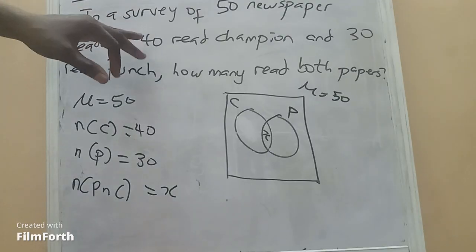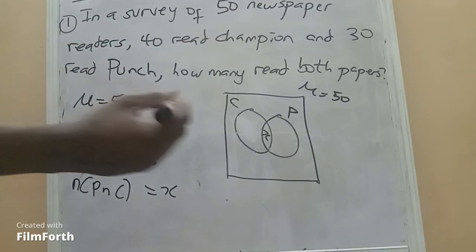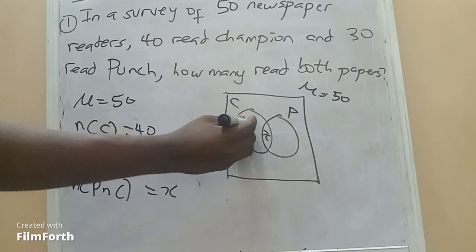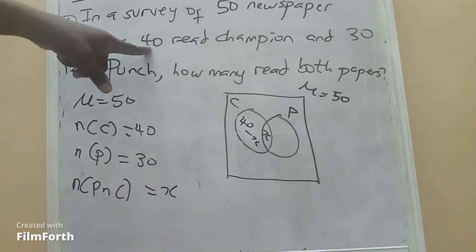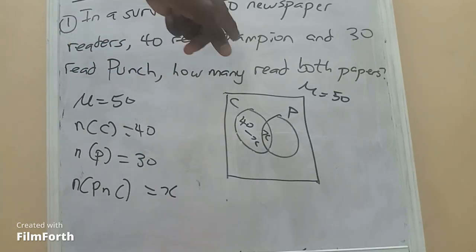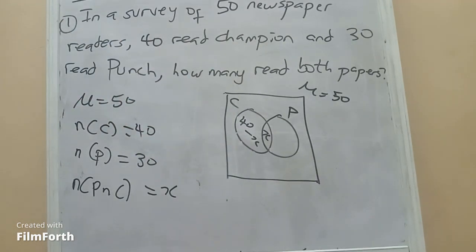Now 40 read Champion means that they are not alone, which makes us have 40 minus X here. If they had written 40 read Champion only, then this 40 would be standing on its own. But because they've not used the word only, then X must be subtracted from it.